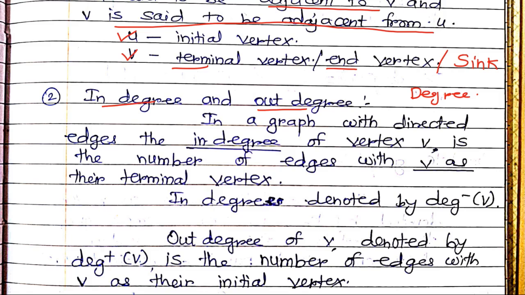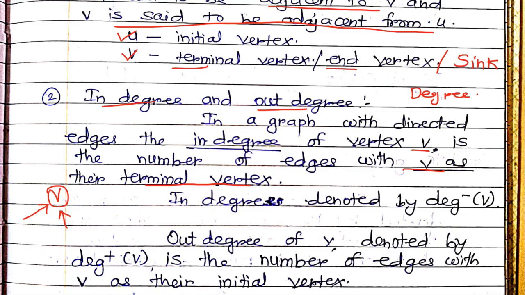In a graph with directed edges, the in degree of vertex v is the number of edges with v as a terminal vertex. That means all the edges should be coming towards v, and that is called the in degree of v.